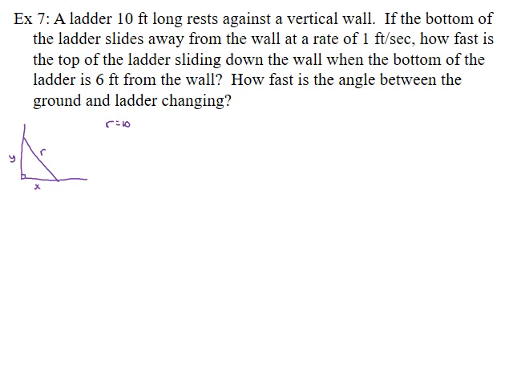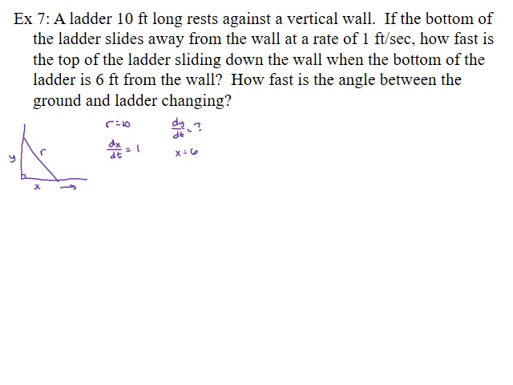If the bottom of the ladder slides away from the wall, so that's this part right here, if dx/dt is 1 foot per second, how fast is the top of the ladder sliding down the wall? So dy/dt is unknown when the bottom of the ladder is 6 feet, so when x is 6.